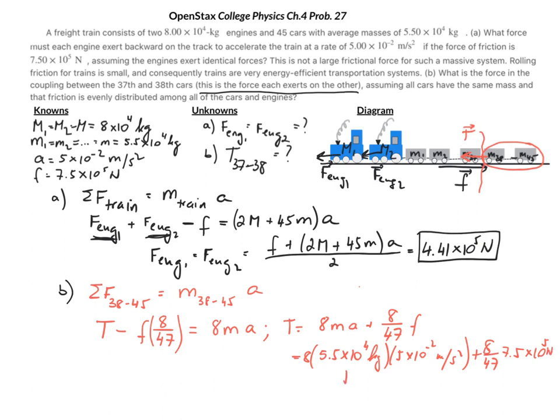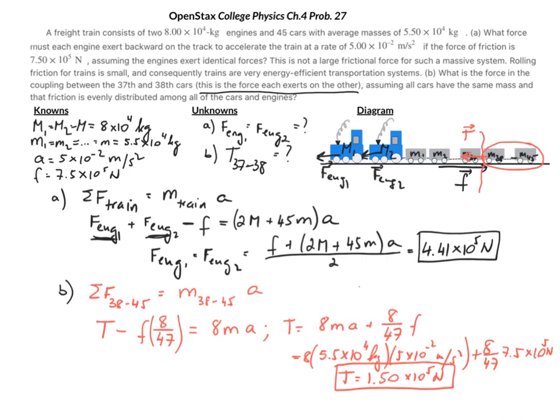So that means that the tension, once we plug in the numbers, is going to be 1.50 times 10 to the 5th newtons. So the tension between cars 37 and 38 is going to be very large, 1.5 times 10 to the 5th newtons.